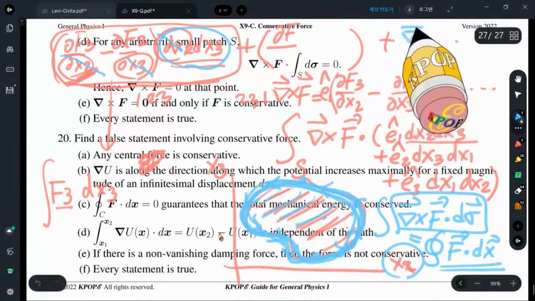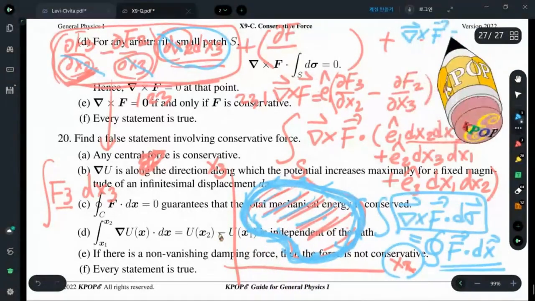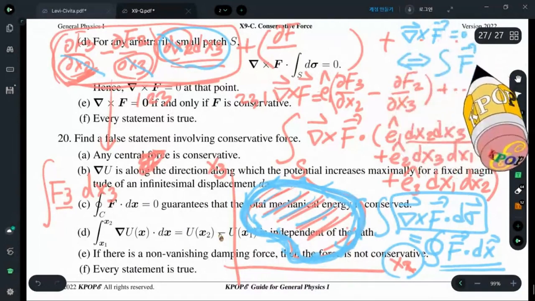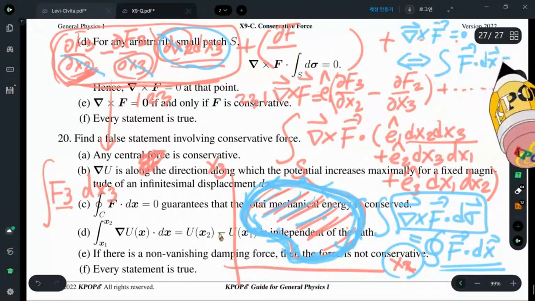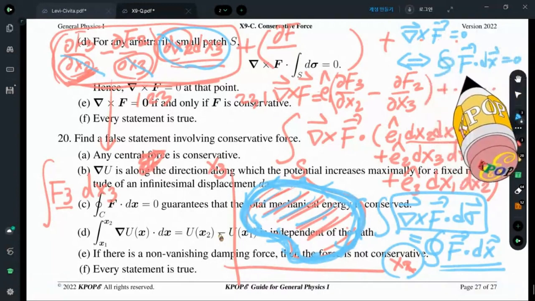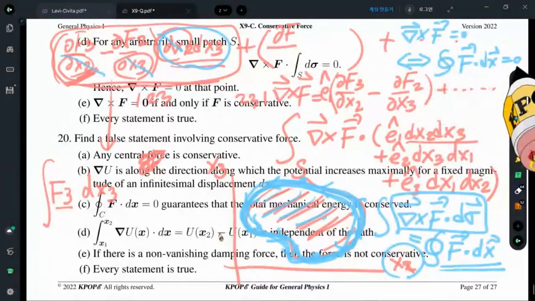So curl F equals 0 is equivalent to the fact that the force is conservative. That means the work done by this force along a closed path is 0. Who says? Stokes' theorem says.